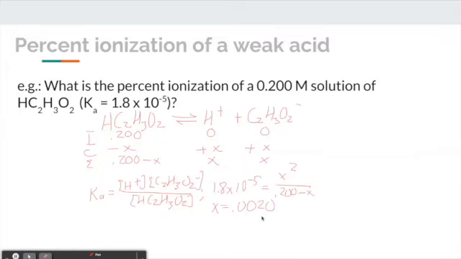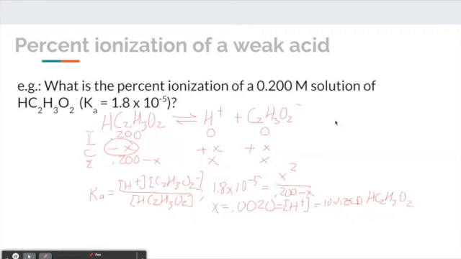It was legit. All right, so now I know that X is equal to the concentration of H plus, but I also know that X is the concentration of acetic acid that ionized. So right there, it's the ionized amount of this acid, this HC2H3O2.